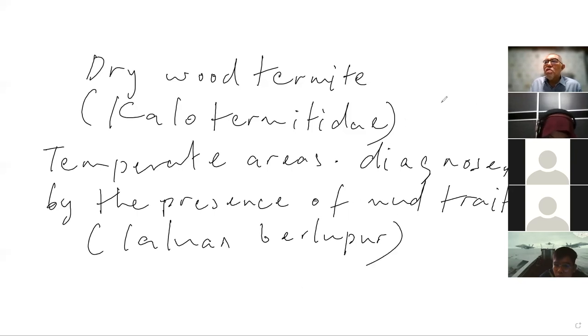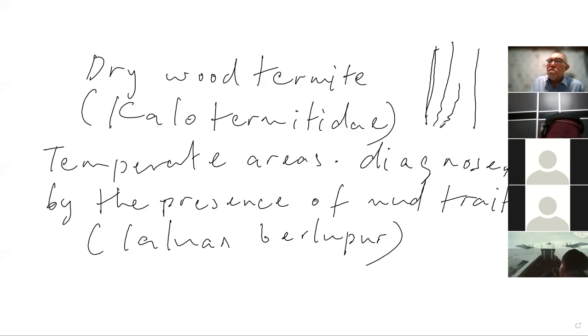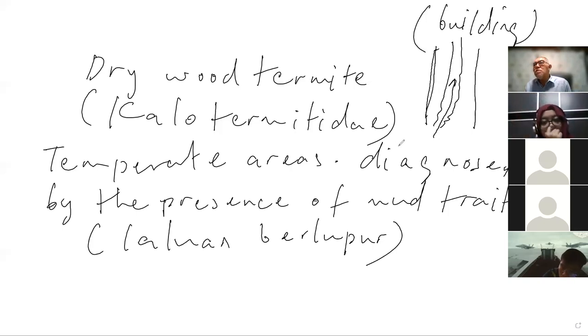So you will see something like this that climbs up the wall. Let's say this is the pillar of a house, and then you have the mud trail here. So it is the gallery, laluan for the termites to move up the building, and can be physically noticed.